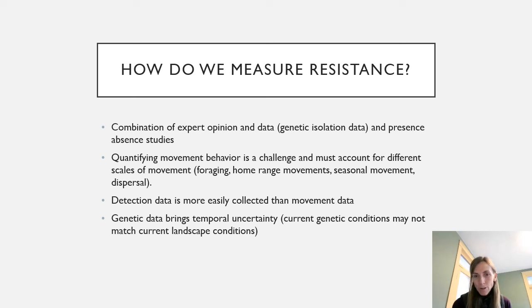When we do apply genetic data to these types of studies, there's some temporal uncertainty around that. Current genetic conditions don't necessarily capture present-day landscape conditions. There's a lag there. So just a note to say there are many, many challenges in creating these models. And as they've become more complex, they really have become more prone to potential error as well.